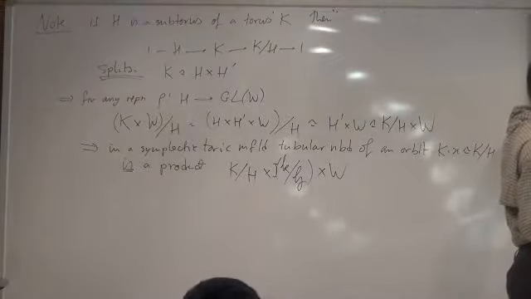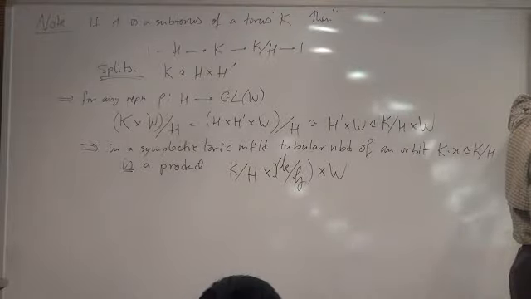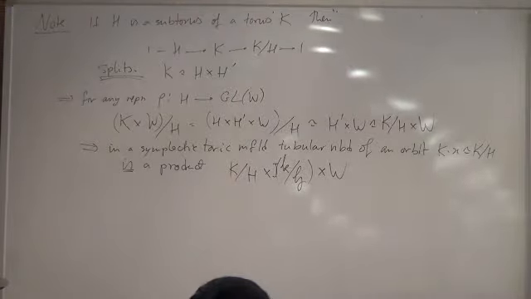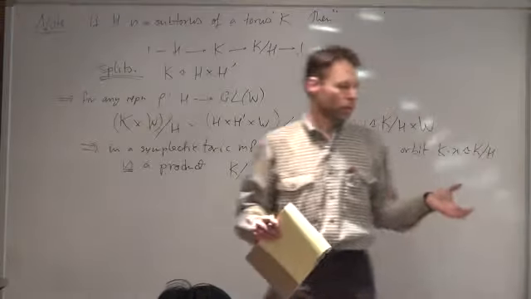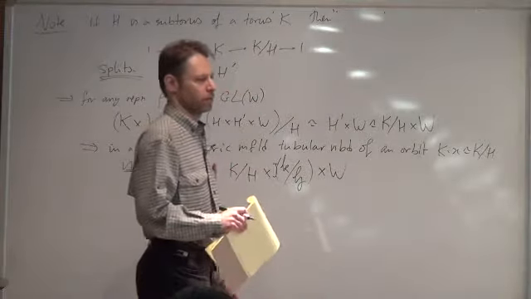Any compact group. But this only works for isotropic orbits. There are other orbits. In general, if you have a Hamiltonian action of a compact Lie group, an orbit doesn't have to be isotropic. For torus actions, they are.